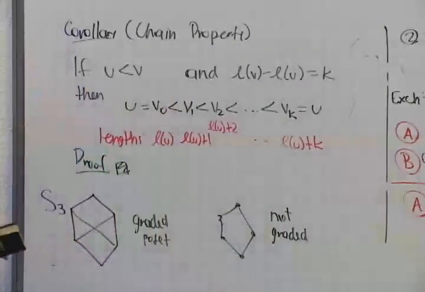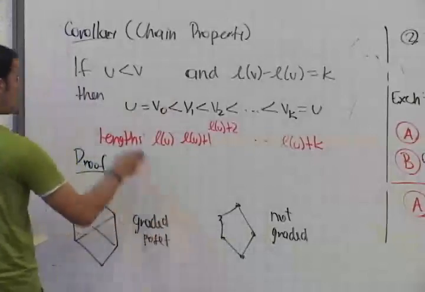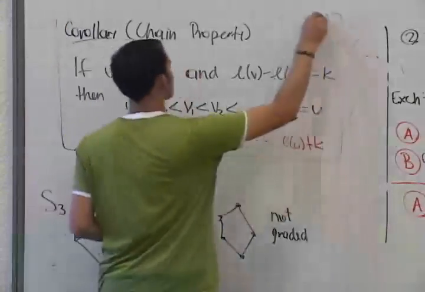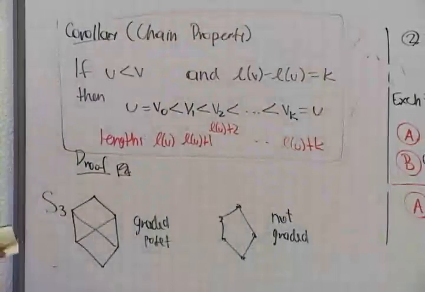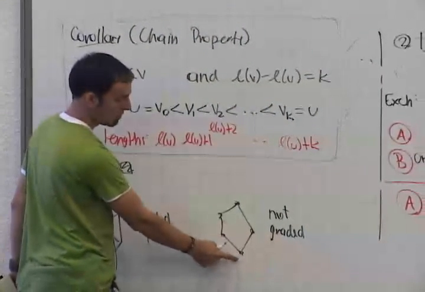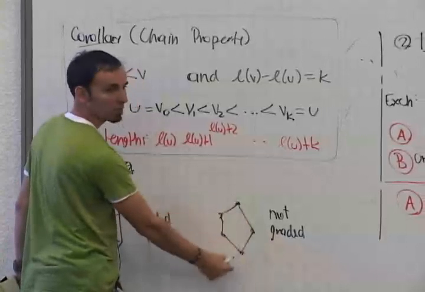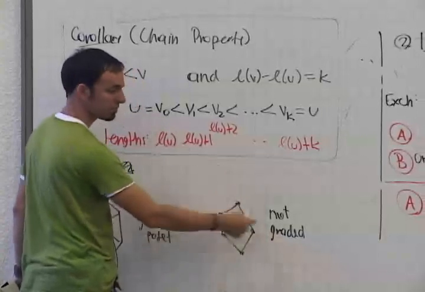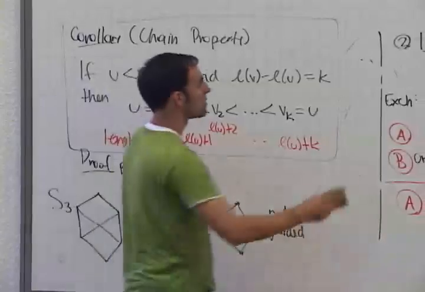But what this corollary tells me is that I'm never going to see something like this. Because if the difference between this one and this one is length 3, then there must be somewhere in between another word that I can add here. Okay?